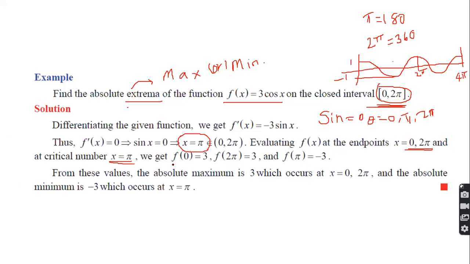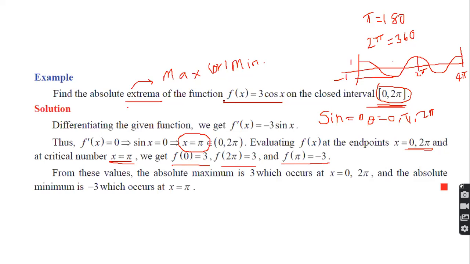F of 0 is 3, f of 2 pi is 3, f of pi is minus 3.